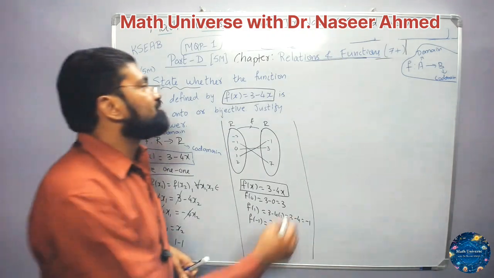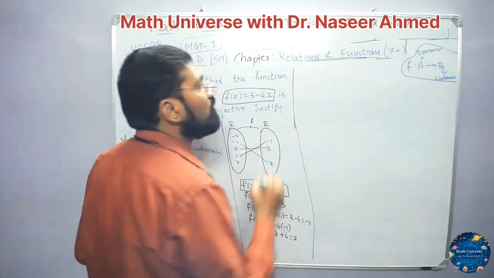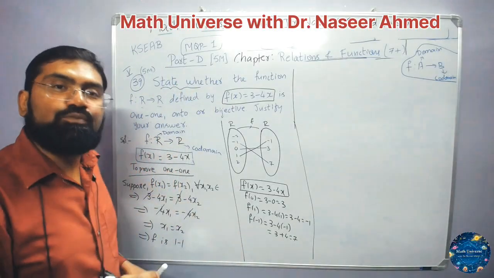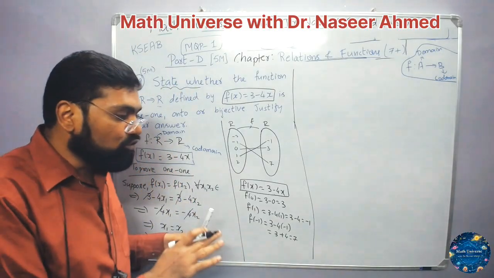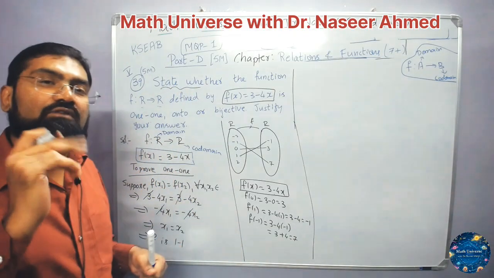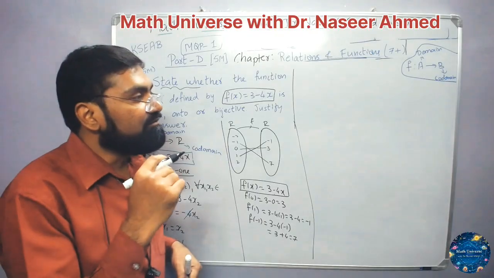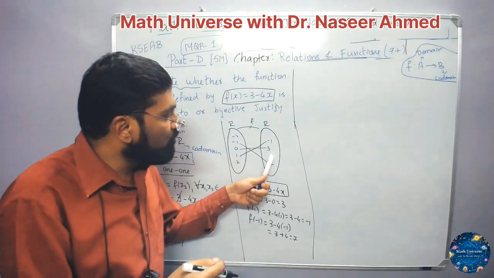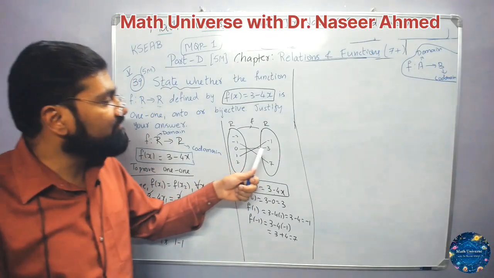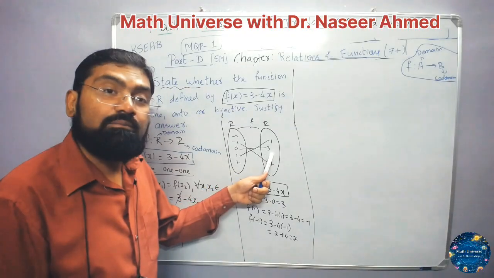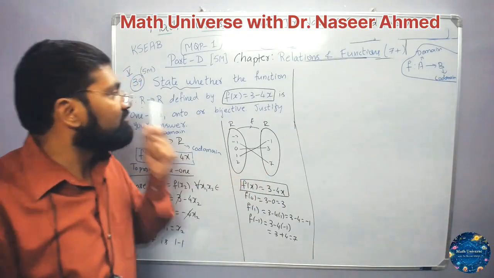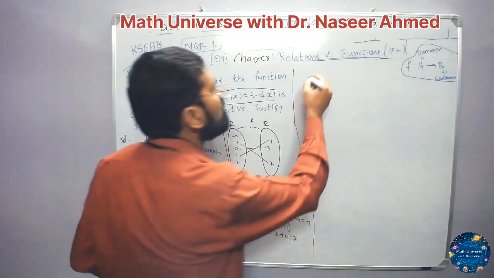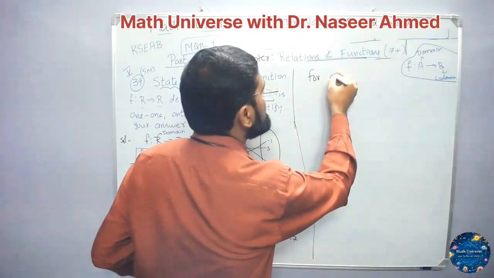Coming to onto, we have to prove it. We have to go with the definition of onto. Recall what onto was. We have to go from codomain to domain. We have to first find the pre-image. Now just see carefully for onto. Just listen first.